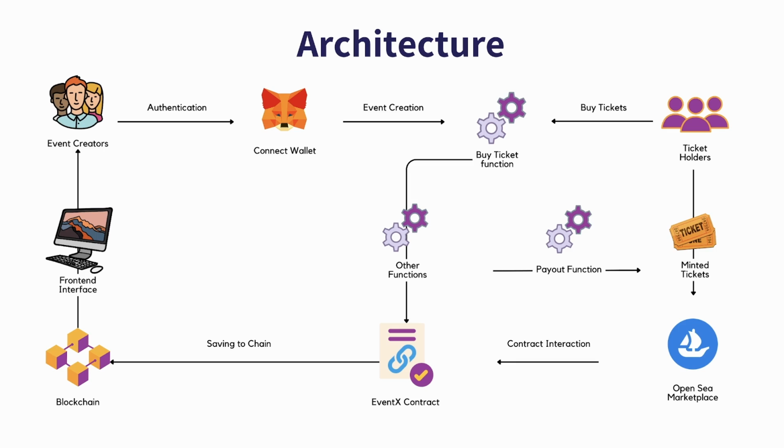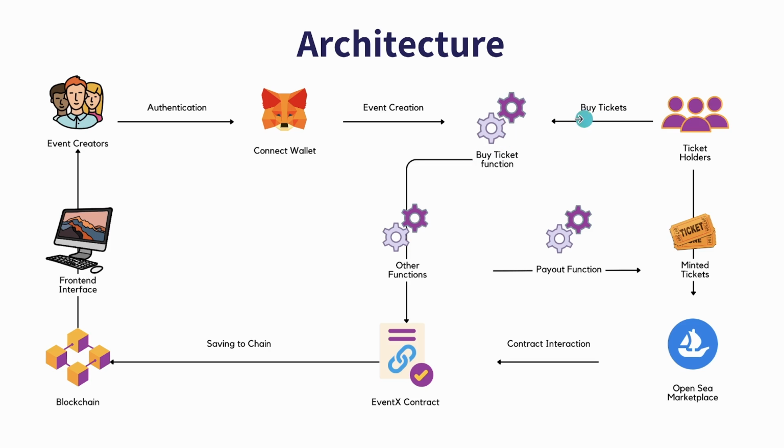So once this person is authenticated with MetaMask, so with the buyers of the ticket as well, because any write request to the blockchain needs to come from a valid source that has authorized the transaction. So that is one of the things that is needed. And this person or group of people can create an event by triggering the event creation function, and that event is available on the marketplace.